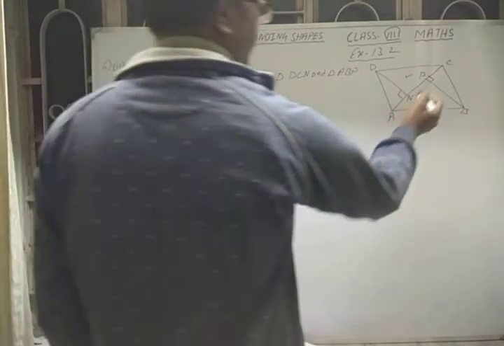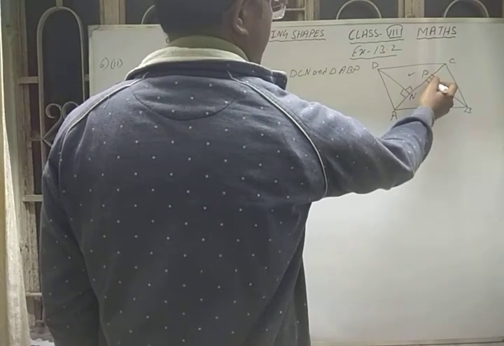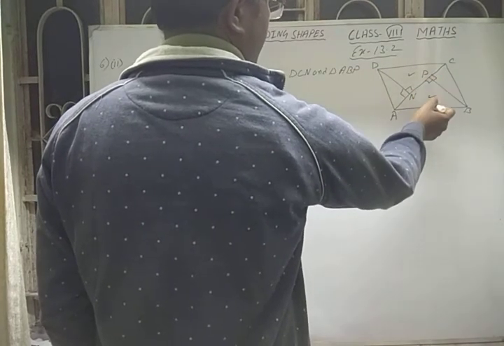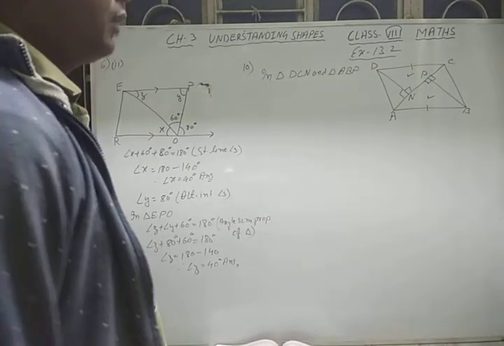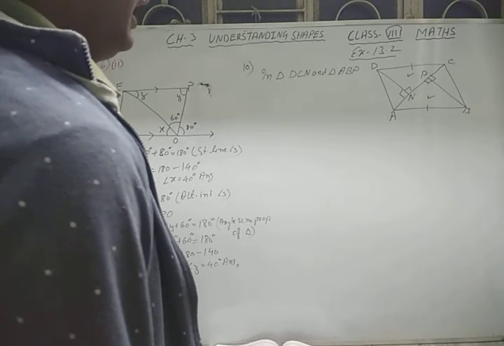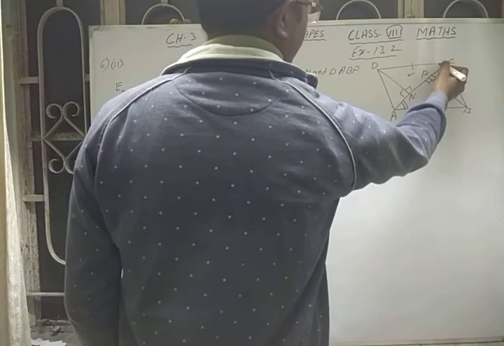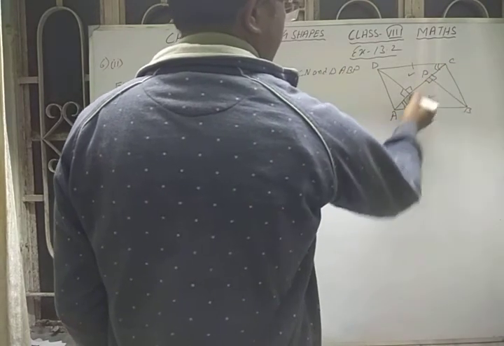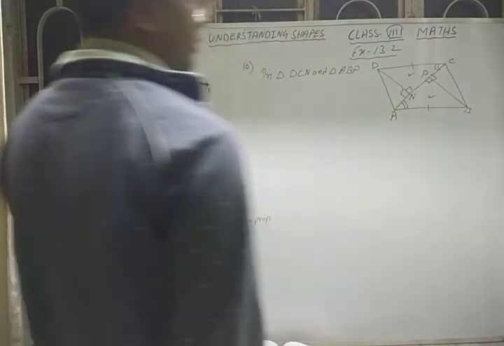If it is 90, this is also 90, so this one angle is 90 degrees, given. After that, this side is equal to this side, because in a parallelogram opposite sides are equal. And you can take these two angles as alternate interior angles, because DC is parallel to AB and AC is the transversal. So these two angles are equal by alternate interior angles.